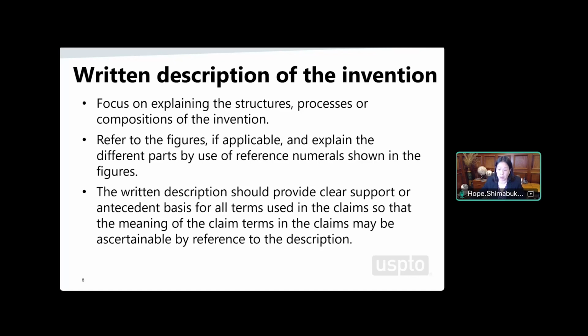Make sure that all the terms that you use in the claims can be found in the written description, because there has to be a clear nexus between the claims and the description. And that nexus is what we call antecedent basis. I'll be talking a little bit more about what antecedent basis is later in the presentation.